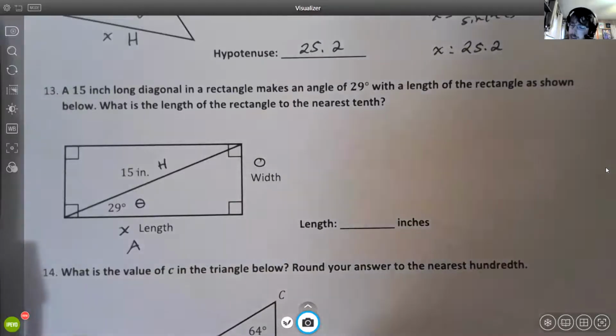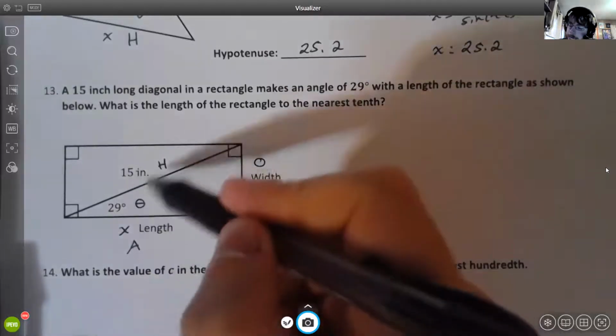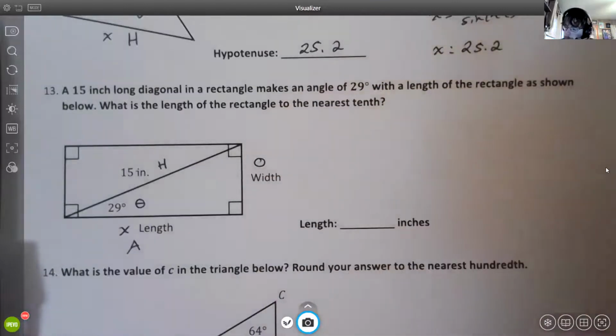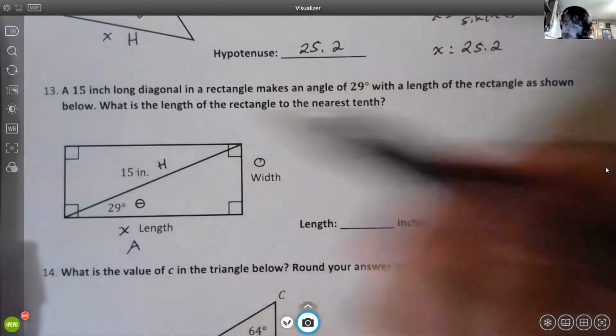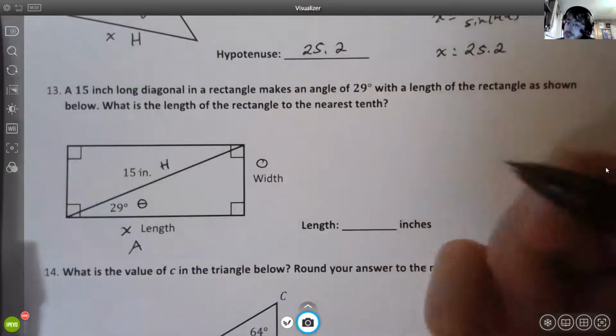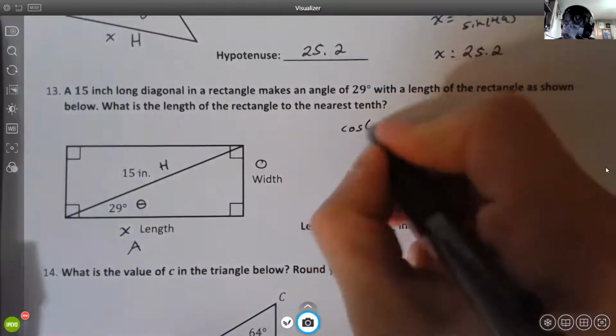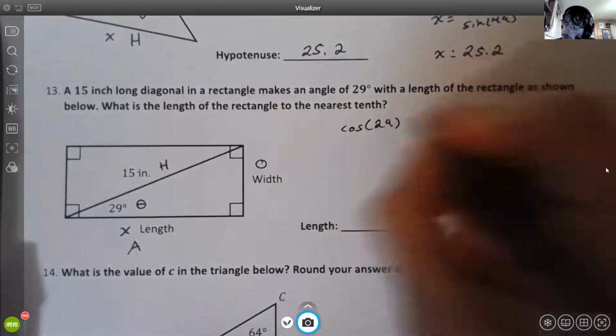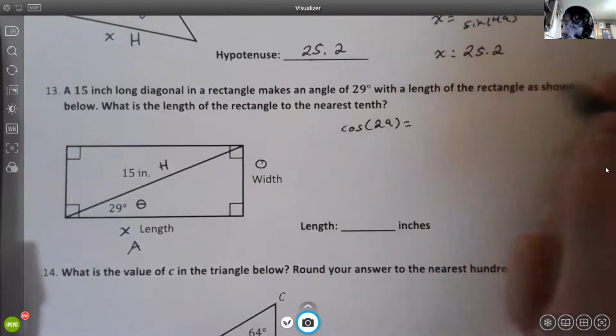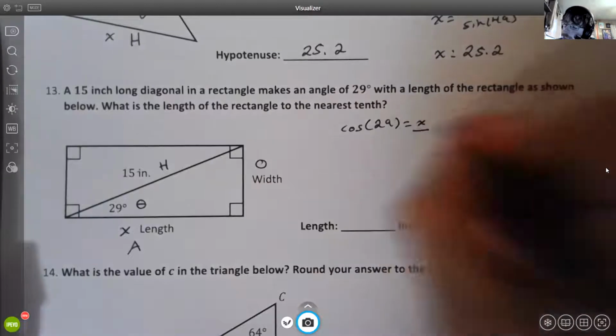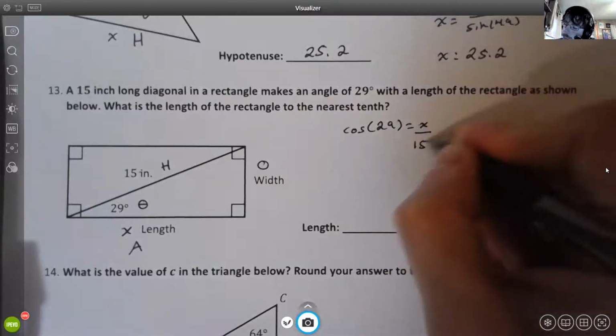Okay, so we have A and H here. So A and H, the trig function that deals with that is cosine. So we have cosine of theta, which is cosine of 29. And that's equal to A, which is X, over H, which is 15.